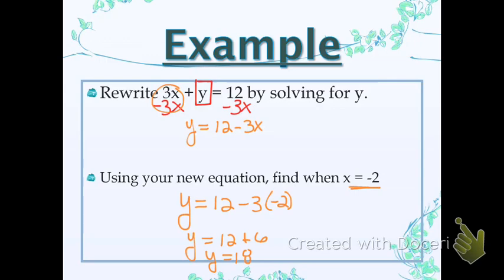So I've been asked to find y when x is negative 2, and that would be y = 18. So another way I could write this would be to say that I know that the ordered pair (-2, 18) is a solution to the equation 3x + y = 12.